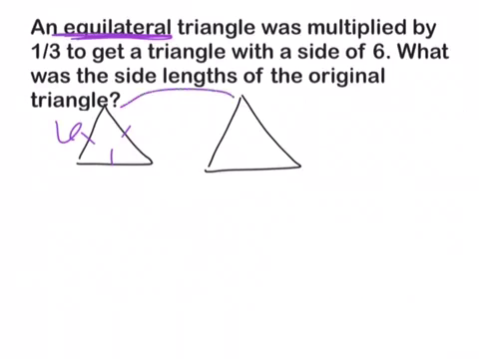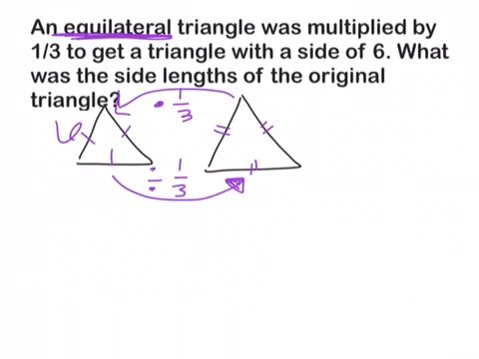So what that tells me is I'm trying to find the side lengths of the larger triangle. And they tell me I multiply by 1/3. Well, now that I'm trying to get back to my big one, I have to do the opposite. So what's the opposite of multiply? Divide. So since I multiplied by 1/3, I'm now going to have to divide by 1/3.